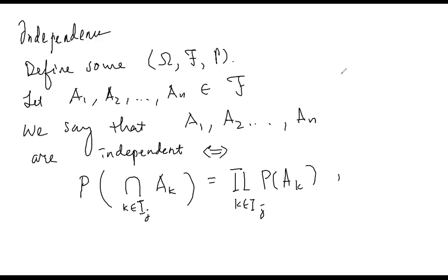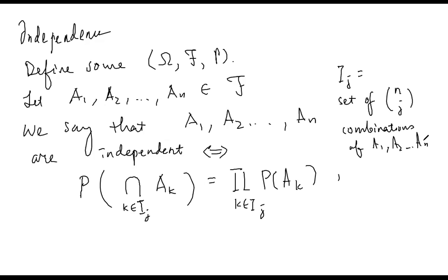All right, so this IJ is basically the set of n choose J combinations of A1, A2 until AN, okay? For all J equals to 2, 3, 4 until N.